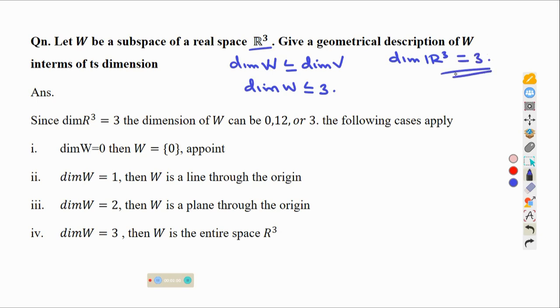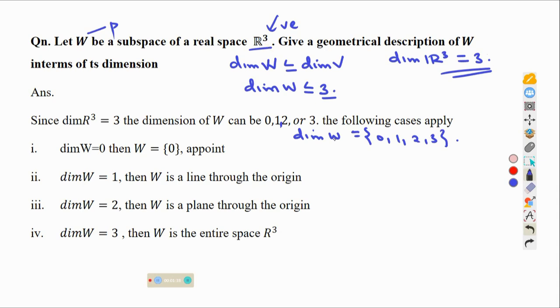If this is our vector space and W is a subspace, then the dimension of W will always be less than or equal to 3, but cannot go beyond 3. So the dimension of W can be 0, 1, 2, or 3, but it cannot go beyond 3, which is the dimension of the vector space.